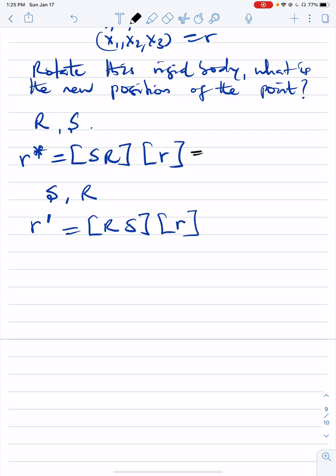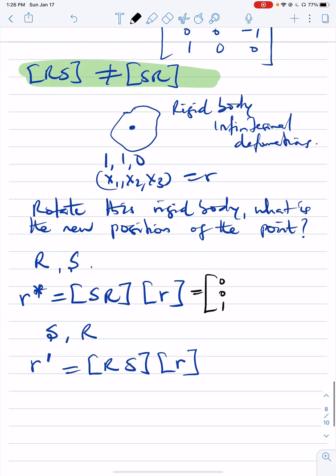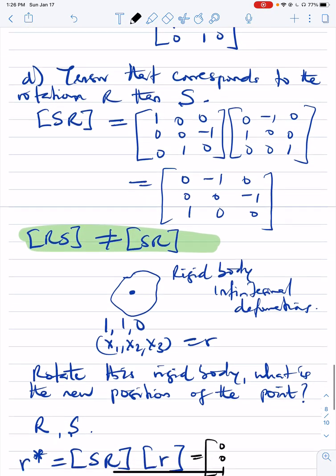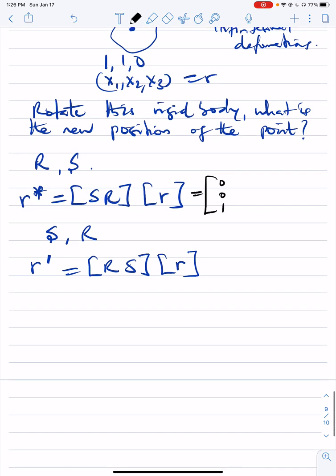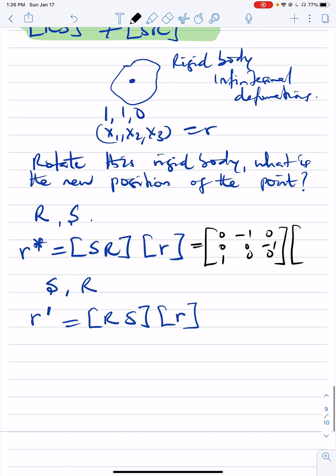SR we already have from 0, 0, 1. I think that's where it starts from. SR is 0, 0, 1, minus 1, 0, 0, minus 1, 0. Right. R, now let's look at R. R here is coordinates, so this makes R equal to 1, 1, 0.